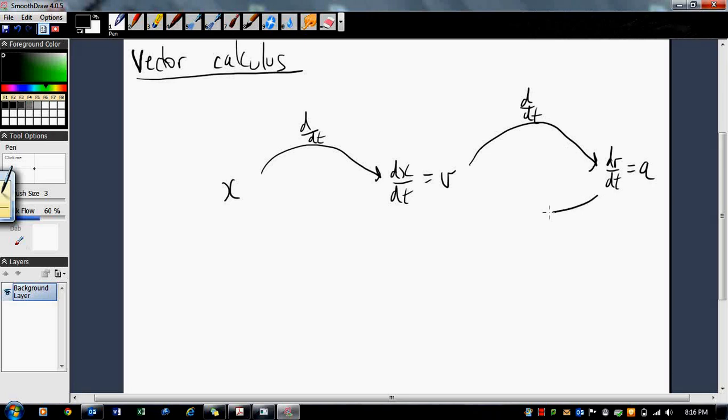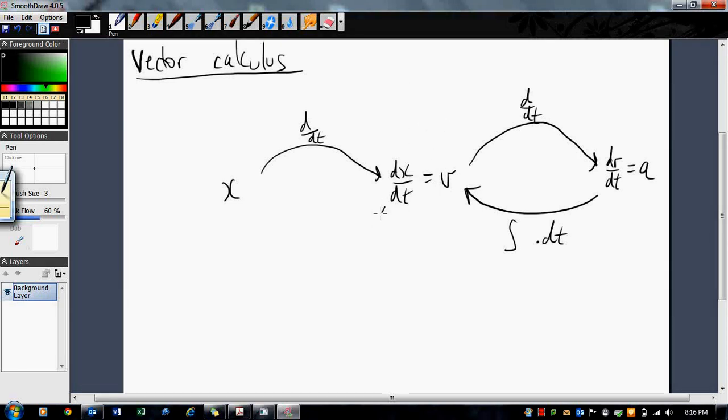If we start with acceleration and take the integral with respect to t, we get velocity. If we start with velocity and again take the integral with respect to t, we end up with position. This is how everything works together in functions of time. We've got position, velocity and acceleration all working hand in hand, and you need to know how to change between each one.